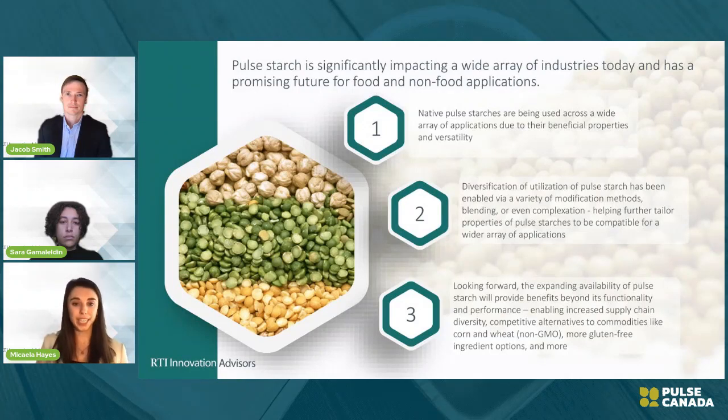However, as you look into the literature more, it becomes very clear that leveraging multiple means of modification, whether that's physical, chemical, enzymatic, blending with other starches, as Sarah alluded to earlier, or even complexation in some cases, allows you to further customize and tailor that pulse starch to meet the needs of even more end applications than native starch can meet alone.